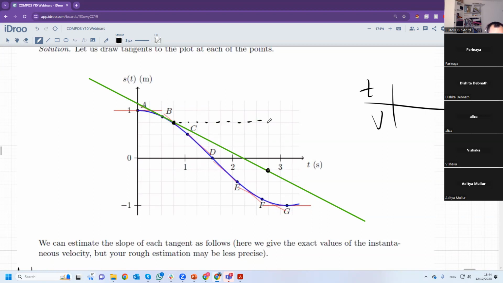So this is -4, and this is 1, 2, 3, 4, 5, 6, 7, 8. This is 8. So the slope at B is -4 divided by 8, which is -0.5. Does that make sense, Paranaya?